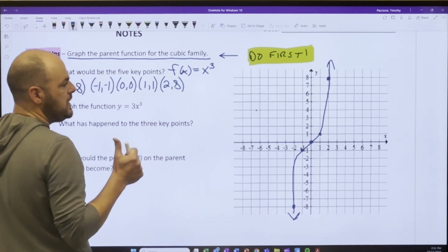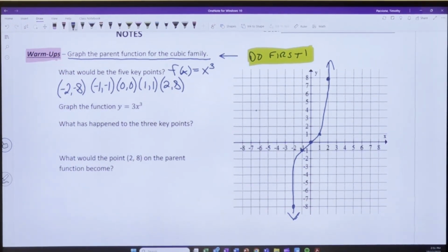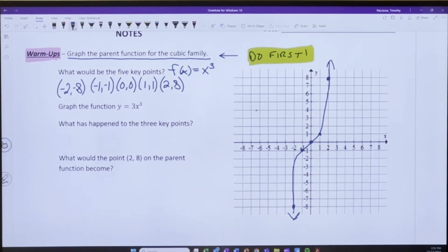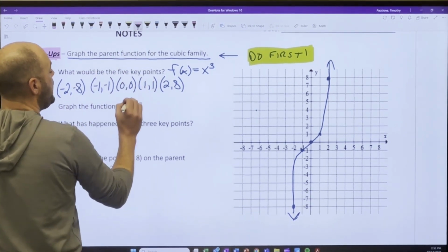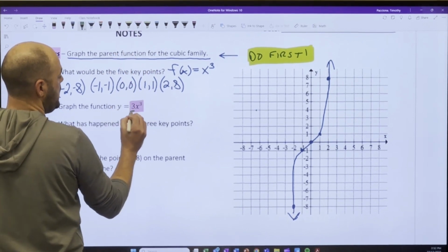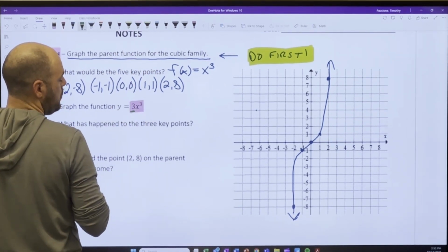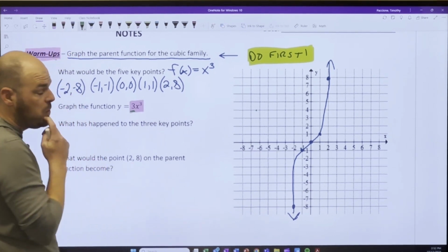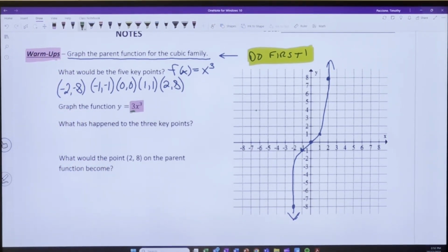Okay, so those are some key points that we can use. And we're going to do an analysis of what happens when we go to 3x to the third, right? So 3x to the third has a factor. Right here, what is its factor? 3, right? So everything is going to get stretched by 3 because it's not a fraction. So we should expect a stretch.